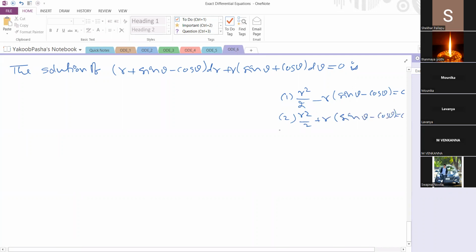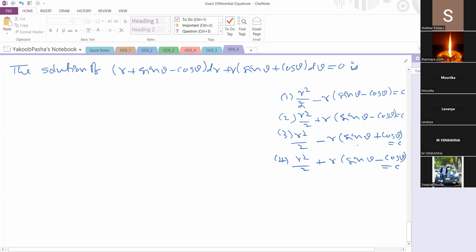And the third option, r square by 2 minus r into sin theta plus cos theta is equal to C. And the fourth option, r square by 2 plus r into sin theta minus cos theta is equal to C.